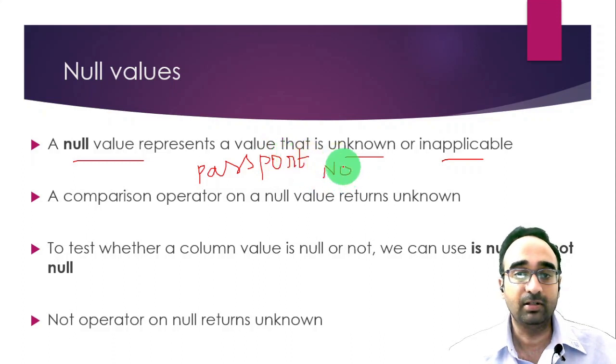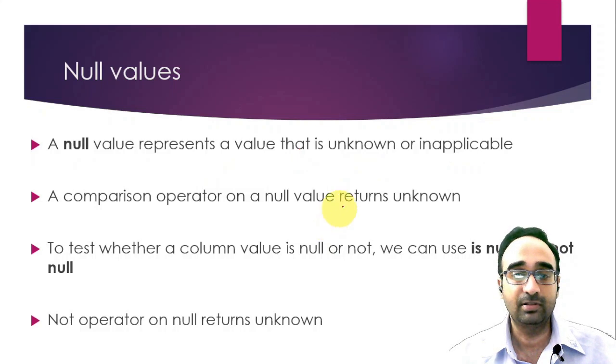Unfortunately, you don't have a passport now, so you will not have a passport number. You leave the field empty and click submit, right? So what happens in the DBMS when those values are inserted in the table?